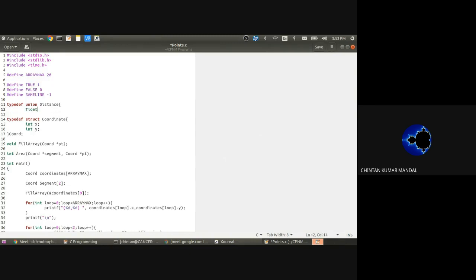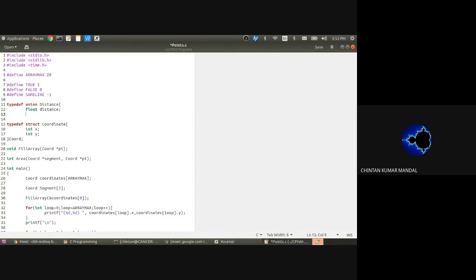So this is a float distance and an int type.